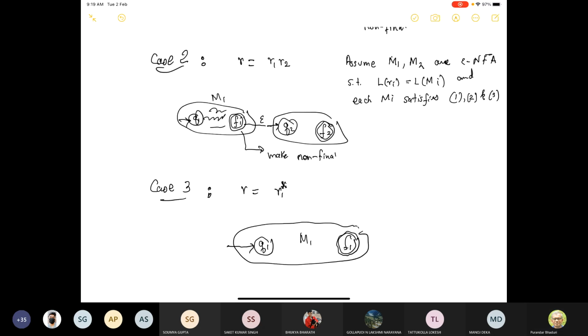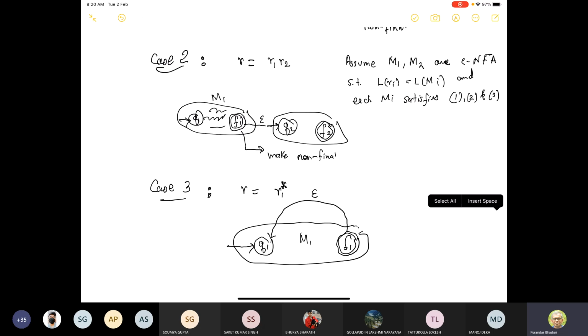Well, we may think that it is enough to add this epsilon transition. But it is not enough. First of all, now we have a transition going into the initial state, and we want to avoid that.